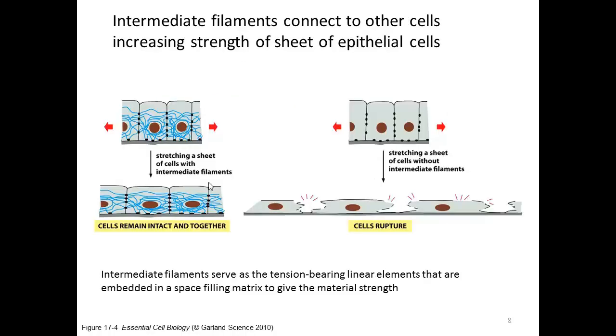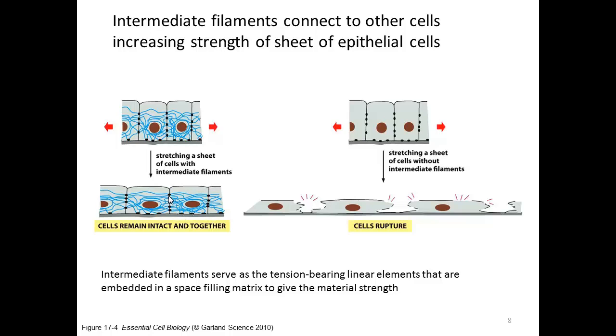Intermediate filaments are a key component of epithelial cells, and epithelial cells are the types of cells that are present at the boundaries of your body with the outside world. In the skin, obviously, but also on the inside of your body, at the digestive tract where the body meets the food, in your lungs where your body meets the oxygen, and these tend to be regions where there are a lot of mechanical stresses.